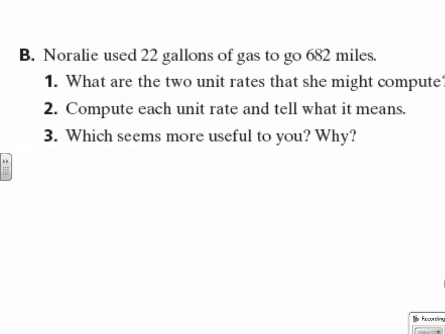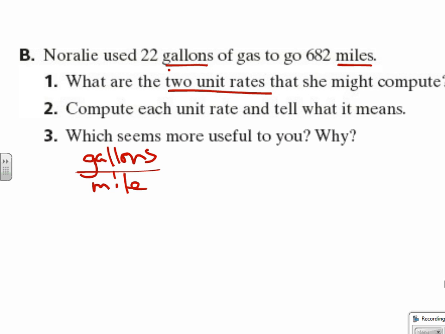Now we are going to calculate two unit rates. We're going to figure out gallons per mile, and then the other way, miles per gallon. Let's look at B1. If I wanted to do gallons per mile, I would divide 22 by 682.